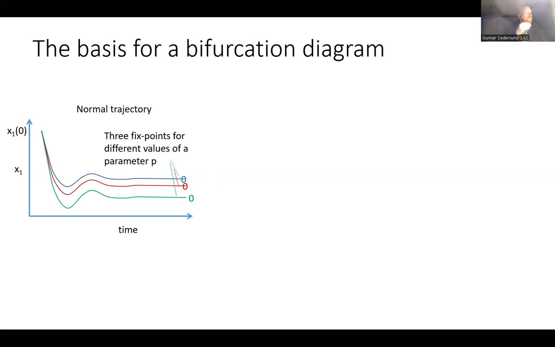But if you have different values of the parameter, typically the fixed point will change, as most things in the model will change. So therefore, you can do a plot where you only plot the value of the fixed points on the y-axis, and on the x-axis you plot this parameter that you're changing, and this is called the bifurcation parameter.